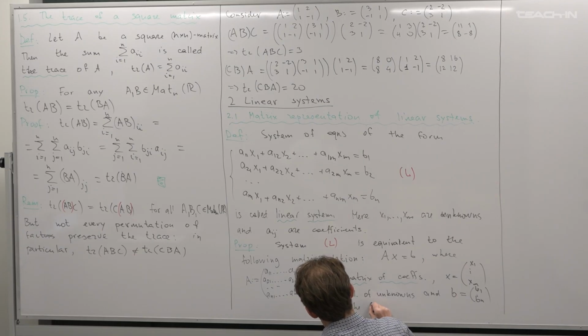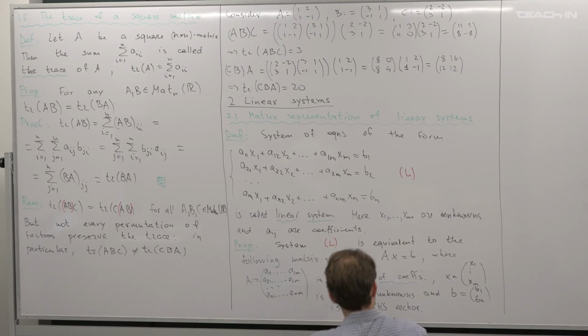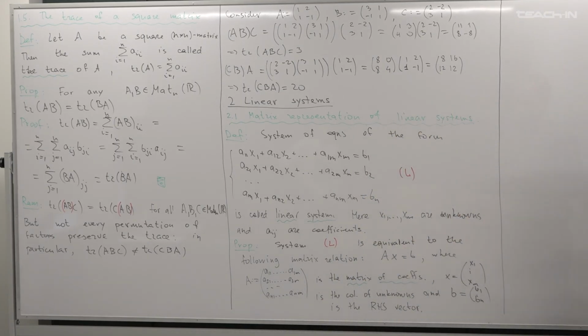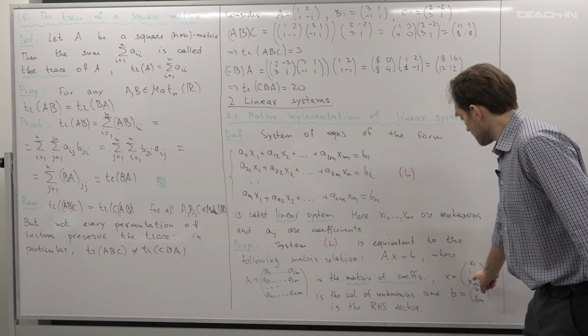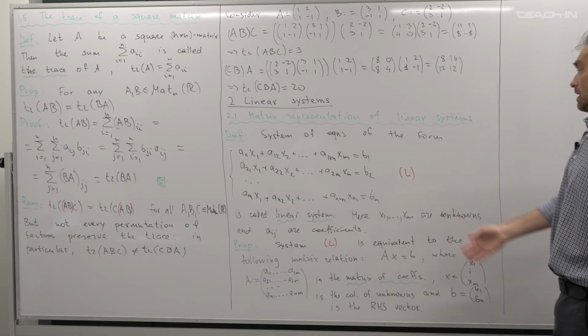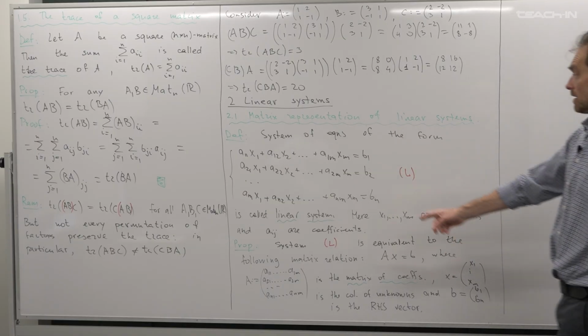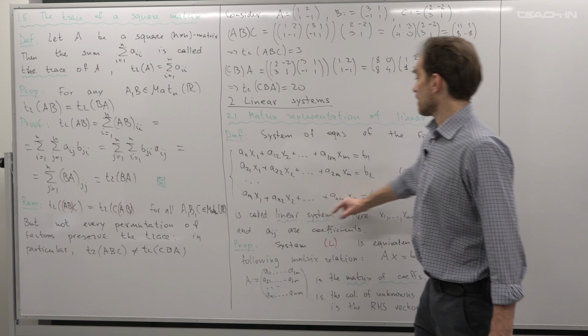So the proof is more or less obvious, just because if we multiply this matrix by this vector, we will get this form of thing.